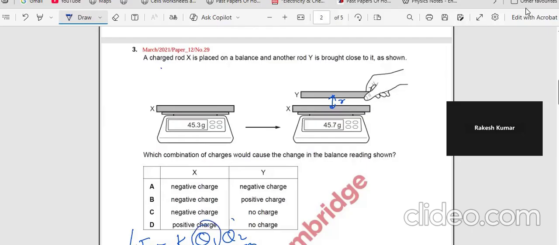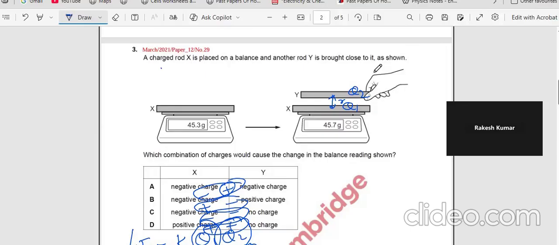The product of the two charges, Q1 and Q2, will give you the force. If both are positive, they will repel. If both are negative, they will repel. If one is positive and one is negative, they will attract. Whenever the product is positive, it will repel. Whenever the product is negative, it will attract. So you can keep this formula in mind. It helps to explain.